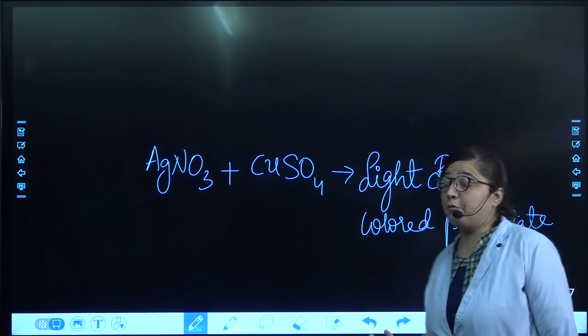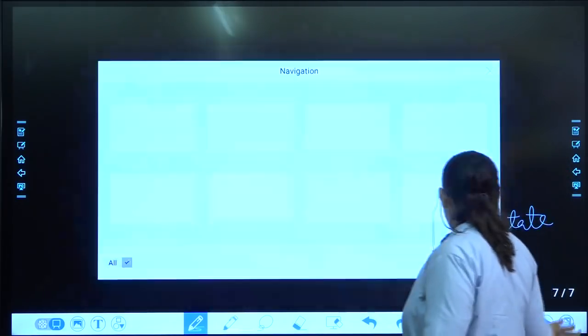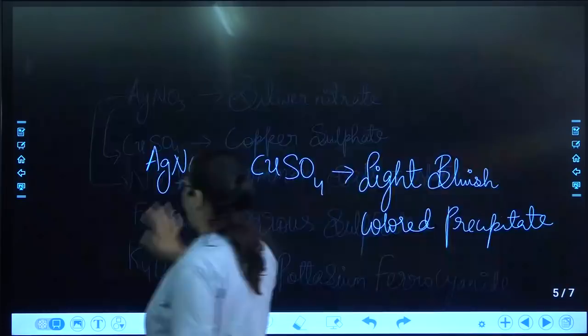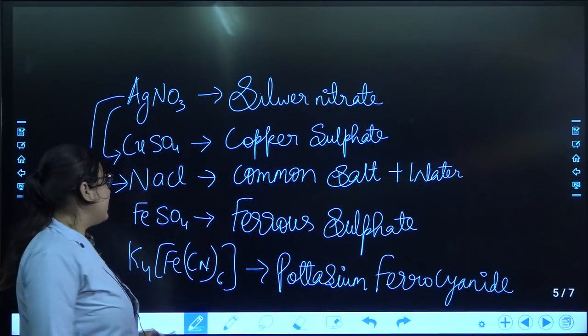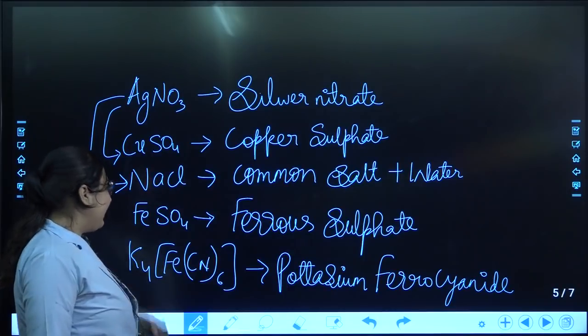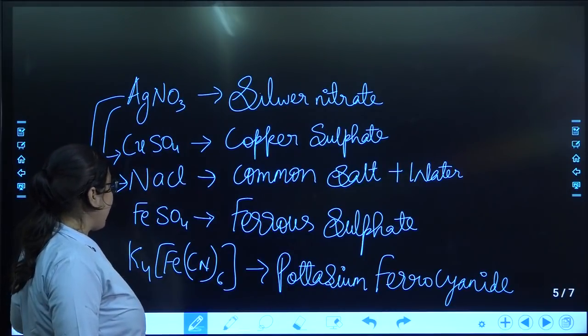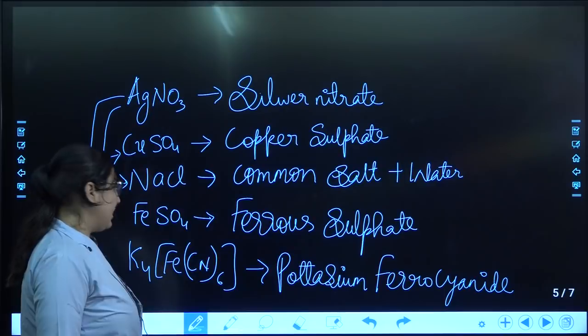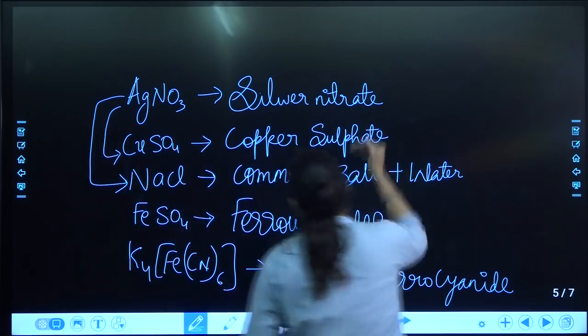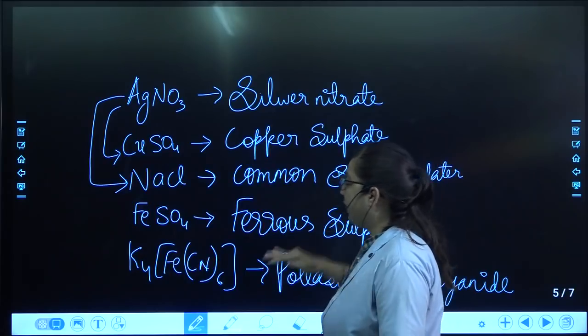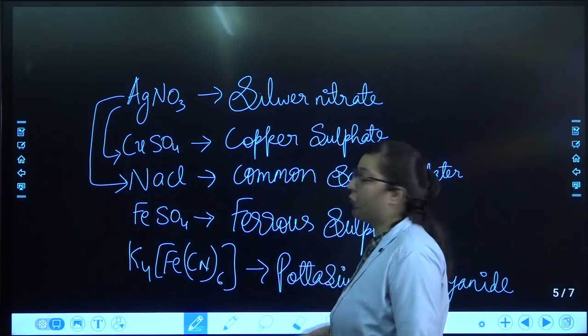The third type of precipitation reaction. First, let us have a look at these names. Let us now take a little bit of potassium ferrocyanide and mix it with the copper sulfate solution, that is this, K4FeCN6 and CuSO4.